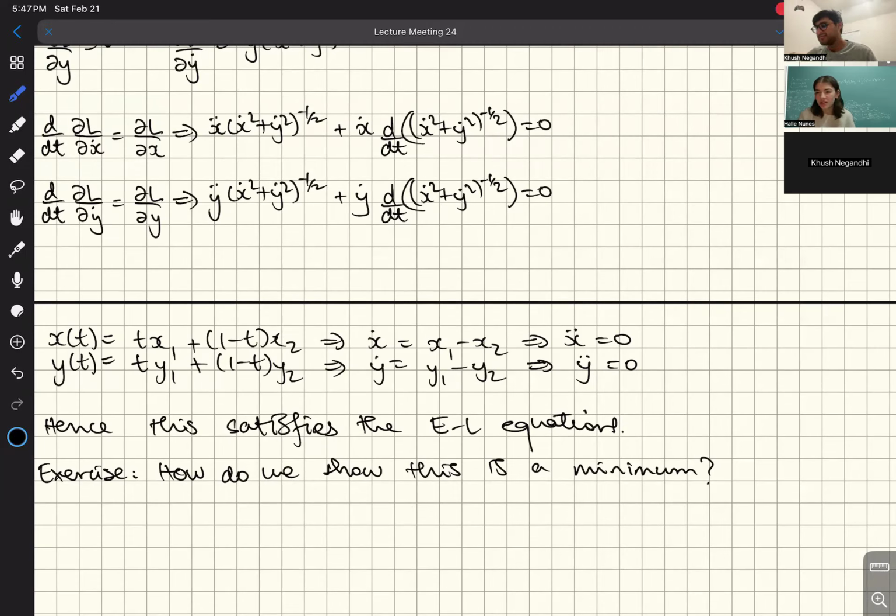Kind of. The idea is that since we're using methods from calculus, the method we've used is to set the derivative of the function equal to 0 and then solve. But that, if you recall, doesn't actually give you that it's a global maximum or a global minimum, or even tell you if it's a maximum or a minimum. All it tells you is that you're at some critical point.